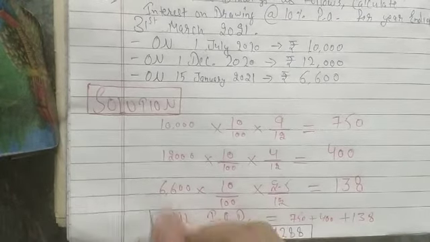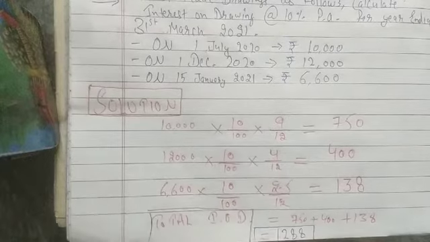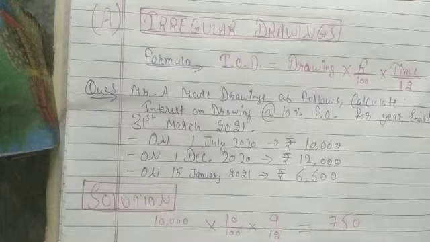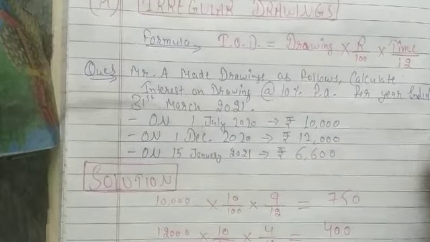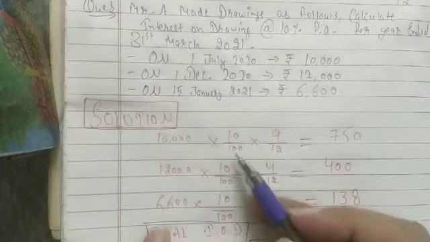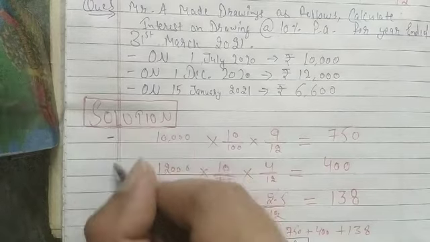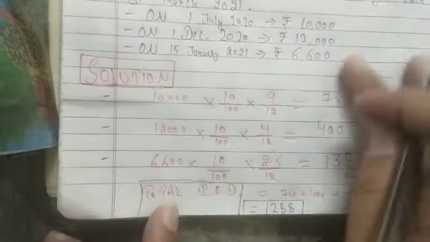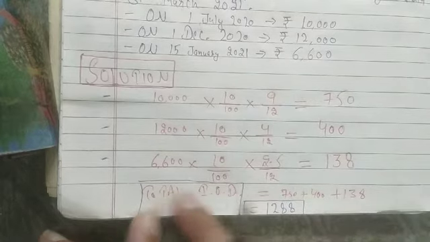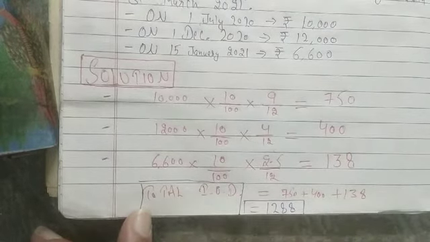Fine. So what you have learnt in case A, when irregular drawings are given, you have to calculate interest on drawing separately for all drawings. And at the end, all interest on drawings will be added and you will find the total interest on drawing. Clear?